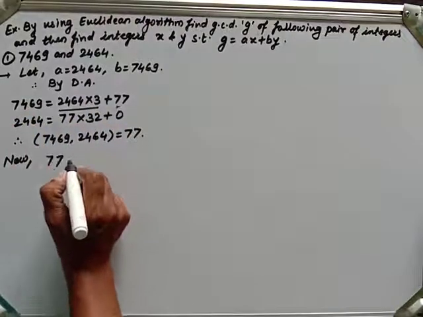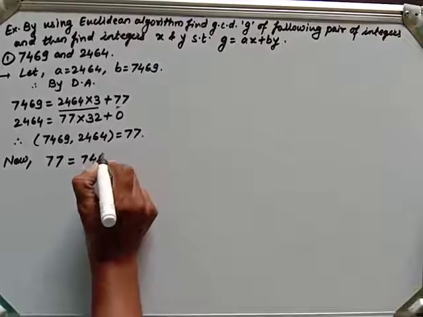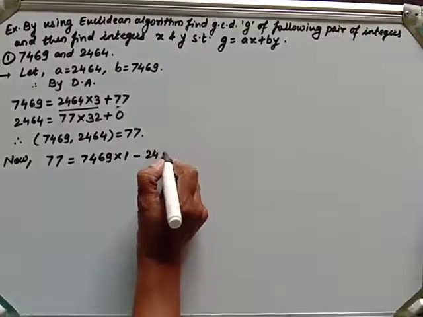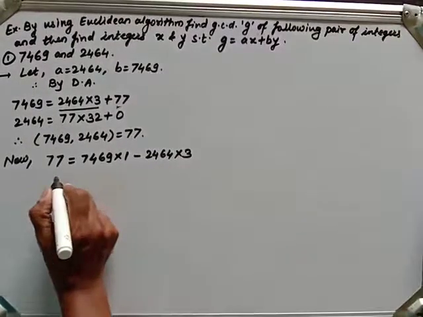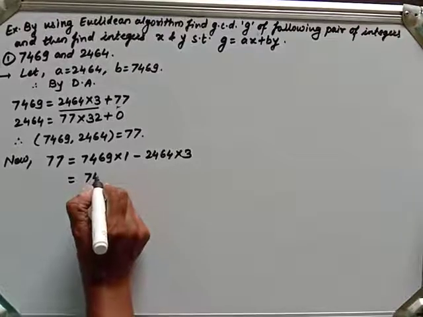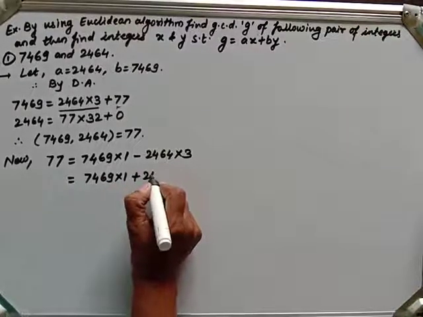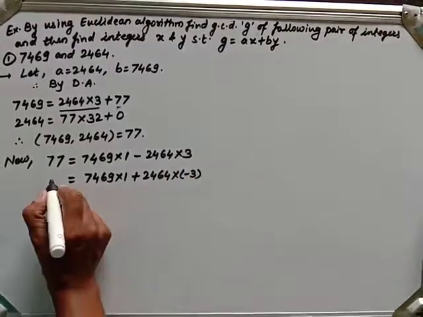So this can be written as 77 is equal to 7469 multiplied by 1 minus 2464 multiplied by 3. That is same as 7469 multiplied by 1 plus 2464 multiplied by minus 3.